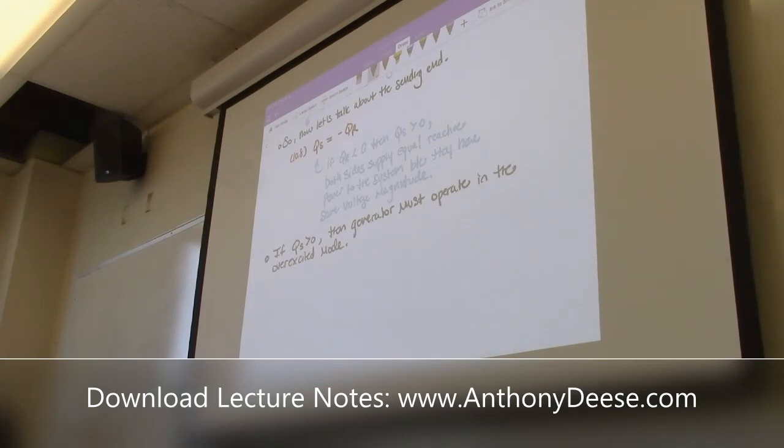So what's happening to QS and QR? It's being stored in the line inductance, XL.